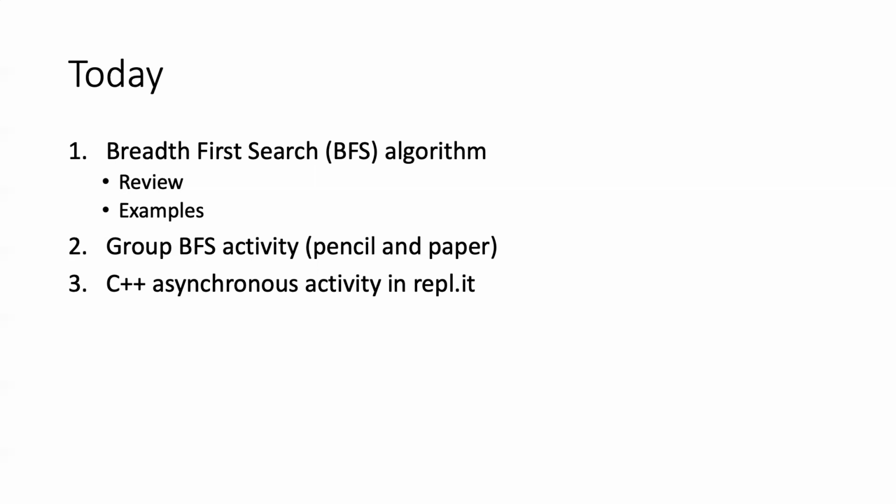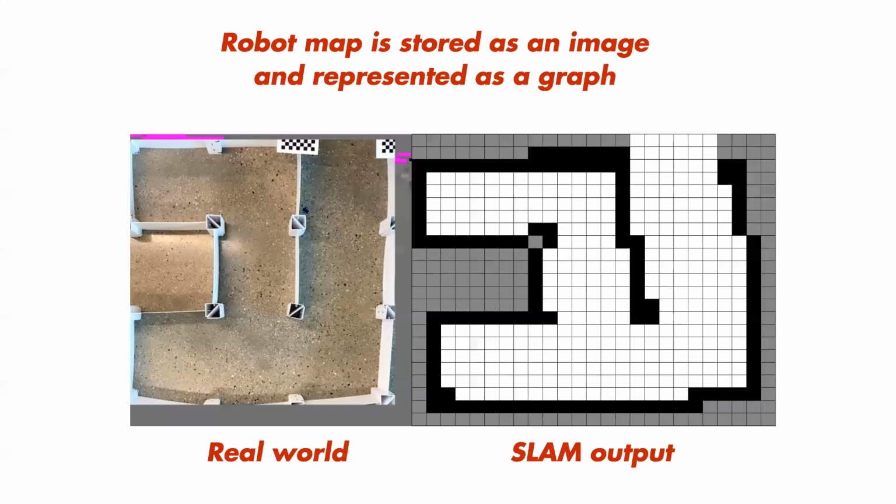Just before we get into it, a recap of one of the main things from the lecture that's online and available for you: we should note that a robot map is stored as an image and represented as a graph. On the left-hand side is a real-world environment that we've set up as an enclosure.